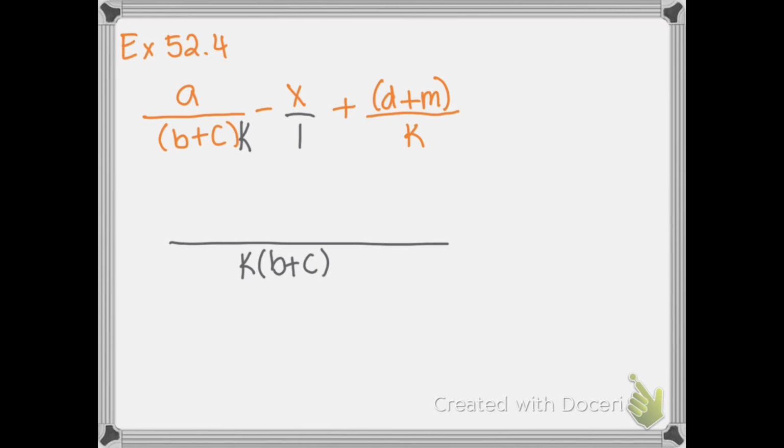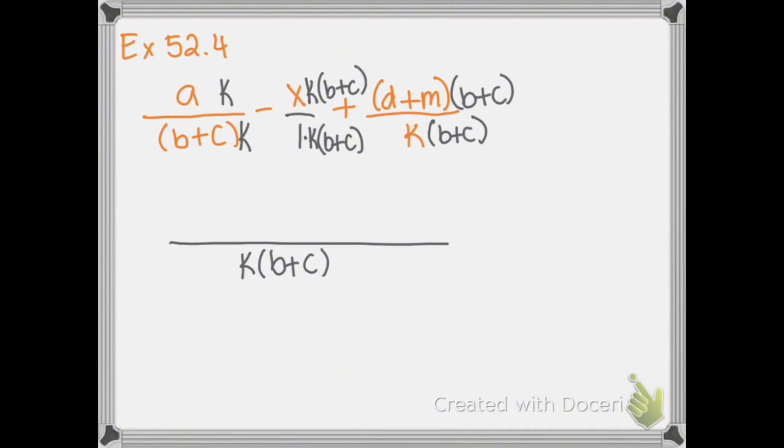So in the first one, we're missing k, so we multiply by k. Now in the second one, we're missing everything. So we have to multiply times k times b plus c, both on the bottom and the top. And then the k is missing the parentheses, b plus c. So we multiply here times b plus c.